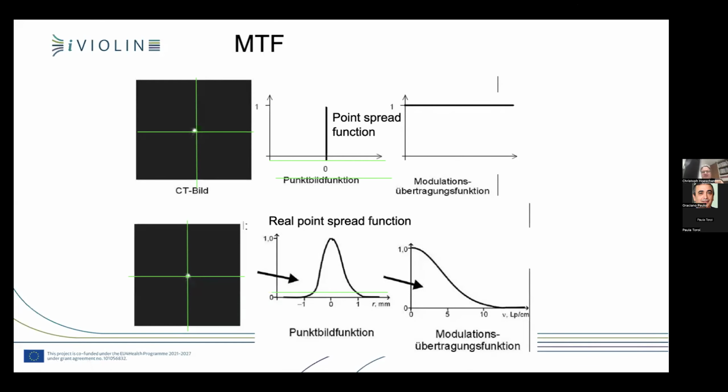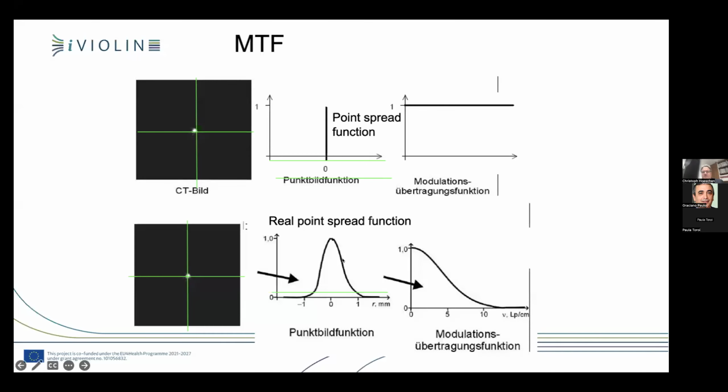This is never the case, because you have a detection system that will lose some sharpness because of the pixels, because of the detector elements, or the detector matrix, and so forth.